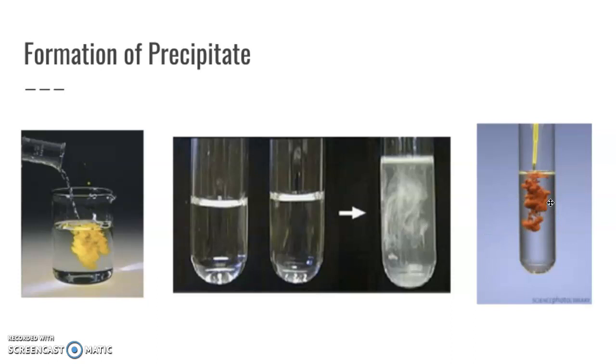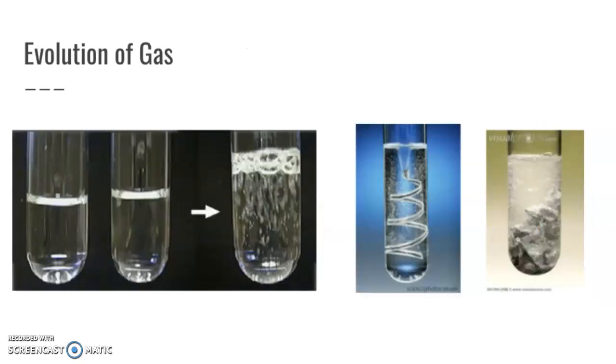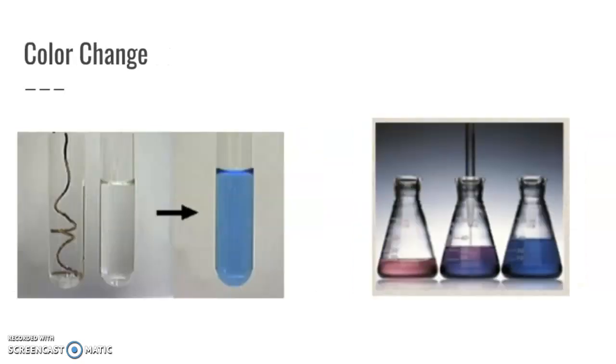So that's the formation of a precipitate: something is forming in a solid form. Evolution of gas: bubbling is occurring. You can see the bubbling that's coming out, fizzing. That's saying that something is happening. That's a chemical change.